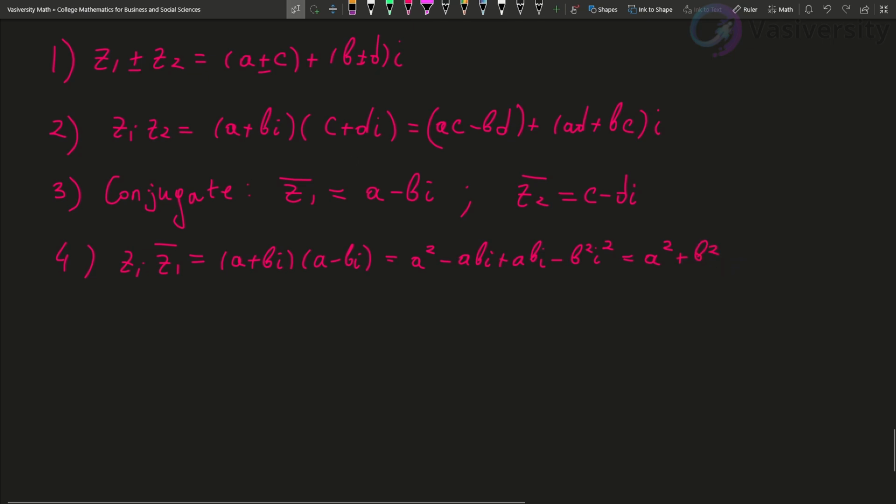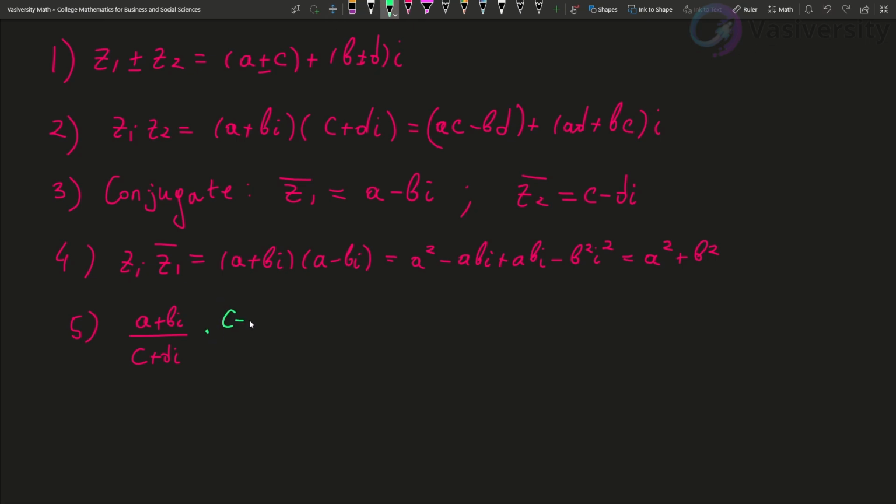All right, perfect. And then how do we use the conjugates? We use the conjugates if we have a division. So (a plus bi) over (c plus di), how do we deal with it? We have to multiply by the conjugate of the denominator.